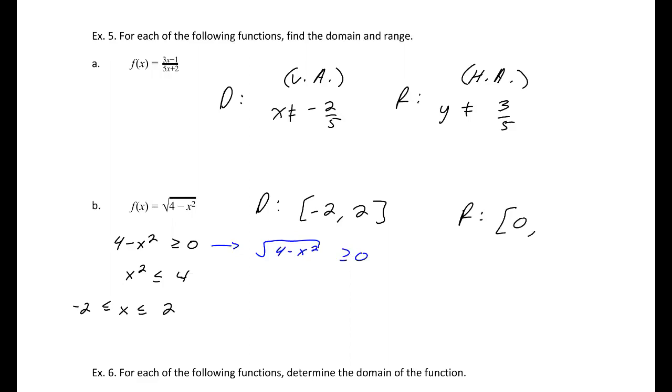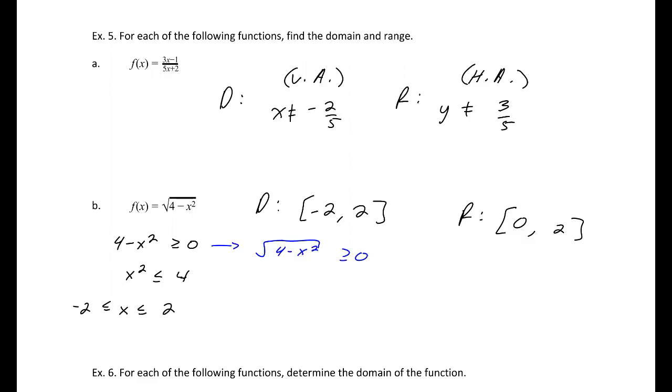Now, what is the maximum that it gets to? Well, the highest point is 2, and that is at x equals 0, that's our maximum. It's between those two zeros of negative 2 and 2.